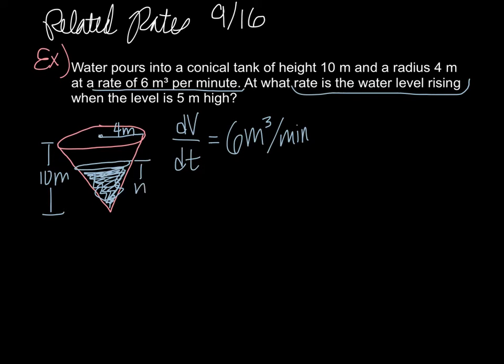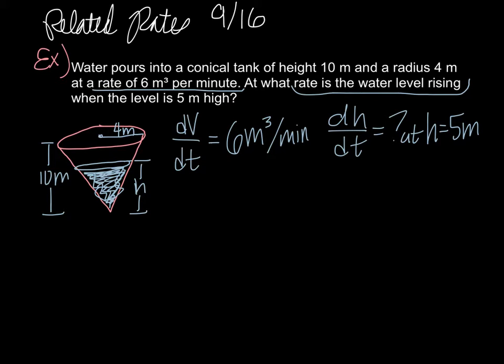Let's call this H. If I'm wanting to know the rate at which the water level is rising, that is going to be dH/dt. That's what I'm looking for. And I'm wanting to know specifically when the level is 5 meters. So I'm wanting to know dH/dt at H equals 5 meters.